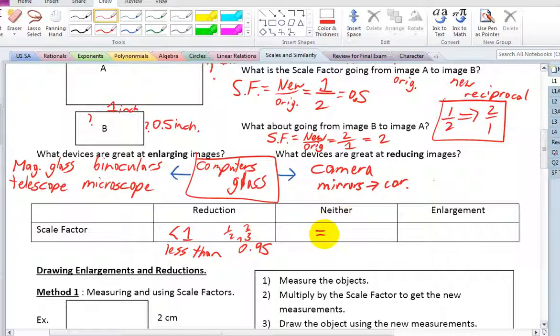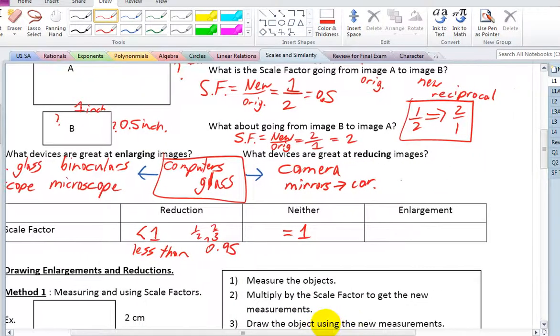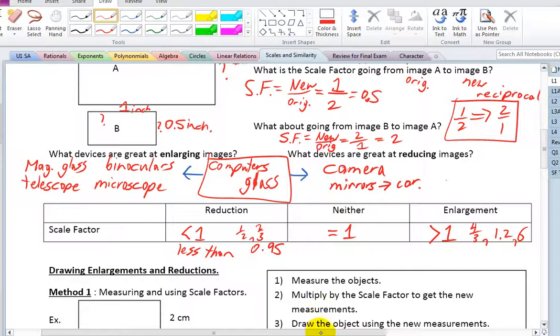Neither would have a scale factor equal to 1, so the dimensions are exactly the same. An enlargement would have a scale factor greater than 1. So for example, 4 over 3, 1.2, 6. Those all are enlargements. Okay. Question, Alouette?